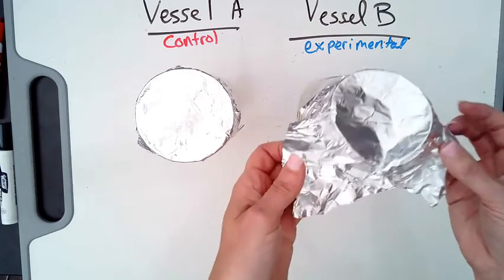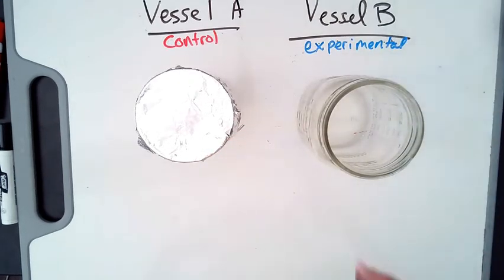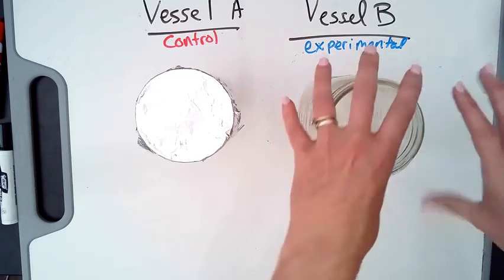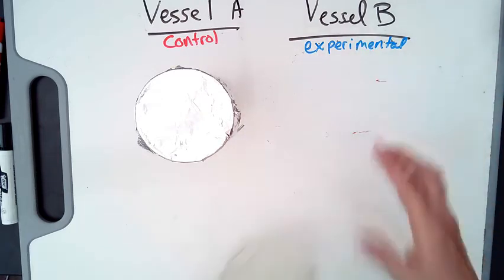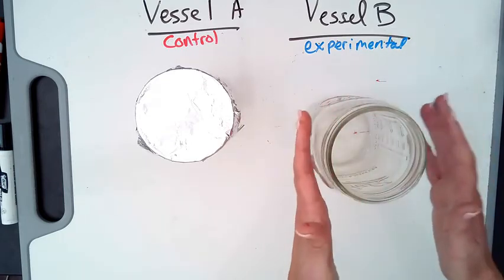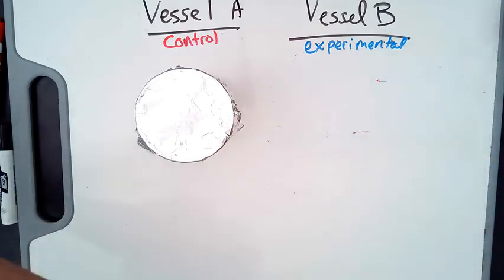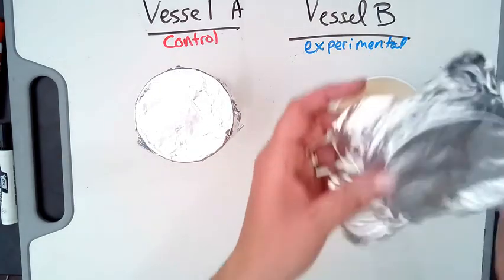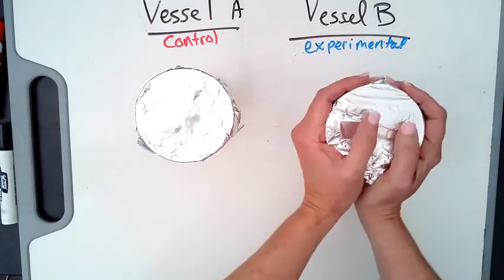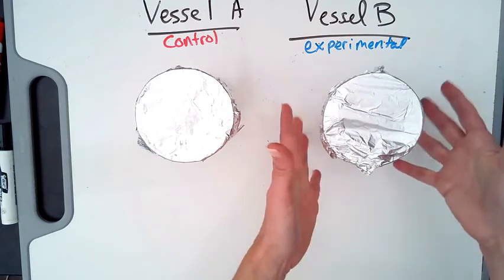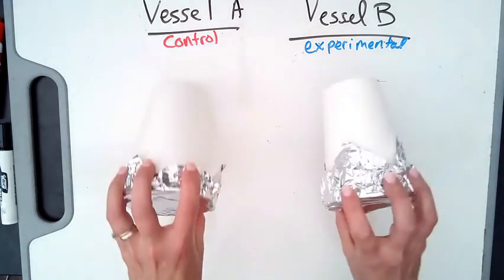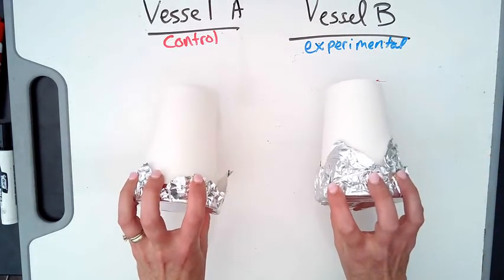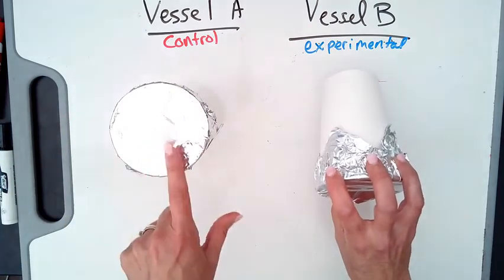We gave you a list of several, and you can be as creative as possible in terms of how do you want your experimental vessel to maintain heat. Okay, again, if you want to use the same 2 vessels and the same lid, what else could you do to this vessel B that would help it maintain heat better than your control?